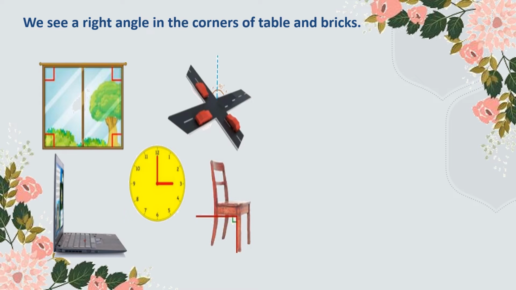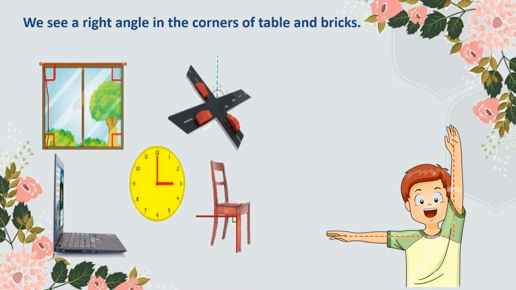Here in this picture, you see a laptop which has been opened, you can see the windows, you can see the hands of the clock forming 3 o'clock. If you see the chair, or if you see this road, if you notice all of them, we see right angles in the corner of tables and bricks. Here in this picture, these two lines of the window are meeting at an angle of 90 degrees.